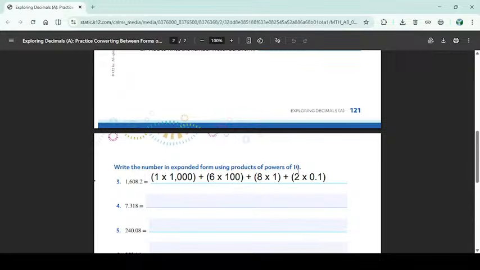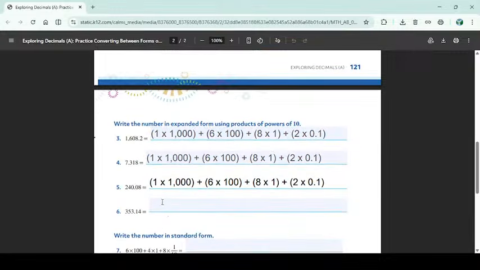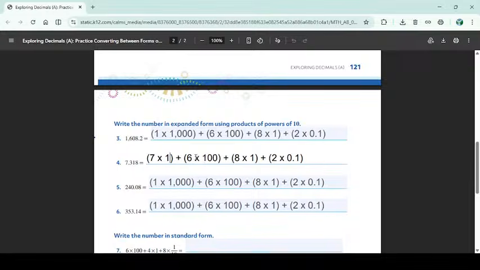I know, I just copy this, paste. I basically just copy each one. Okay. That is 7 times 1, 3 times 0.1, 0.0, 1 times 0.01.